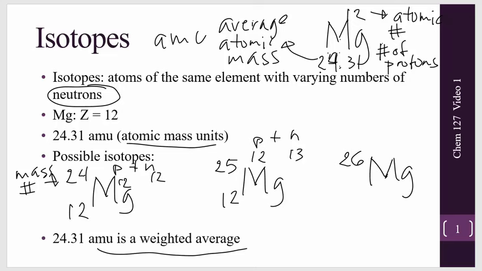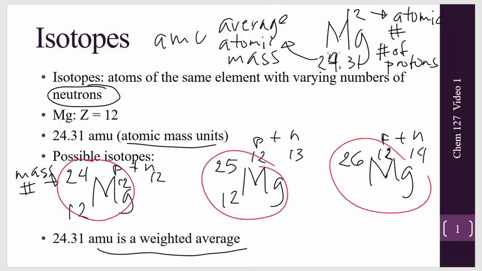Again, the mass number is the protons plus neutrons, and in this case, this magnesium atom would have 14 neutrons. These three isotopes are then used to determine the average atomic mass, which is a weighted average based on the abundance of these three isotopes.